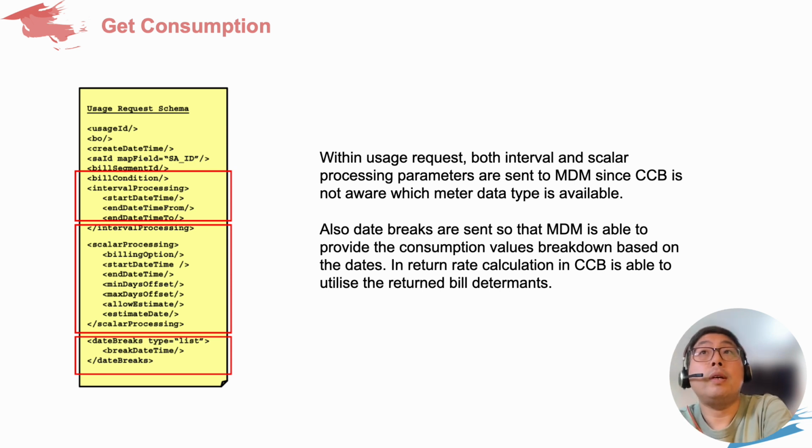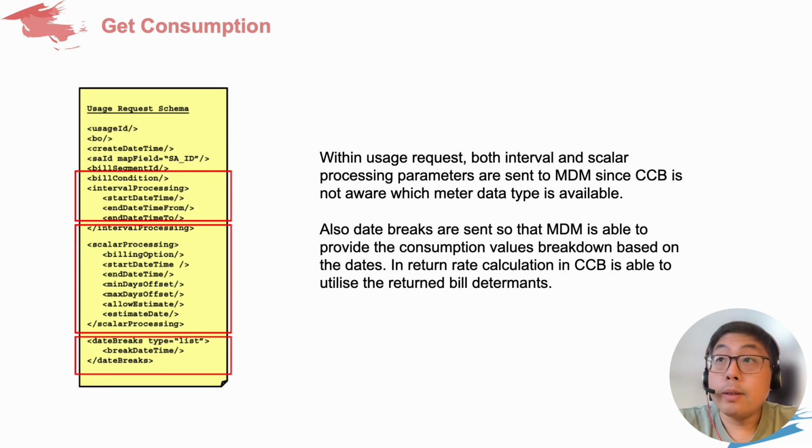Within the usage request, both interval and scalar processing parameters are sent to MDM since CCMB is not aware of which meter type is available. Again, on the very first slides, what we see is CCMB only knows I need to calculate consumption based on service point, but service point is not differentiating between half hourly and non half hourly.